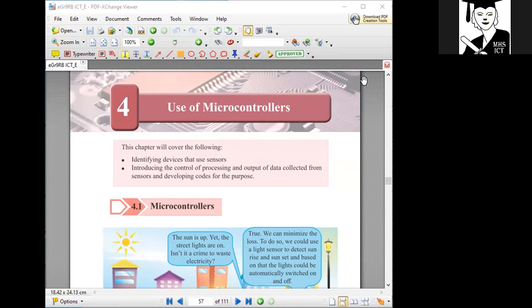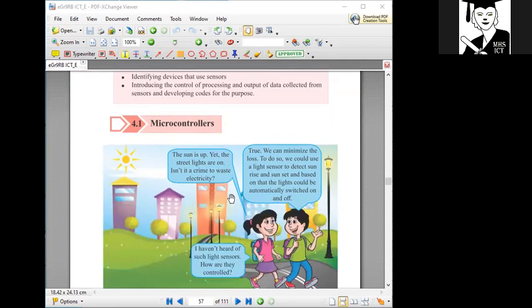We have to understand what sensors are and how we use these sensors to develop other small equipments. This is the target of this lesson. And what do you mean by microcontroller? This is what we are going to learn first.